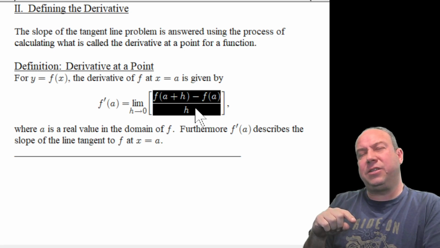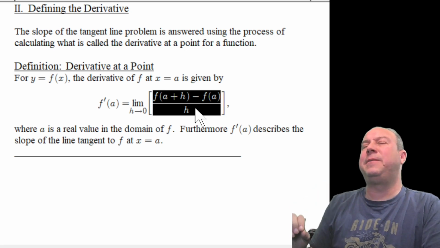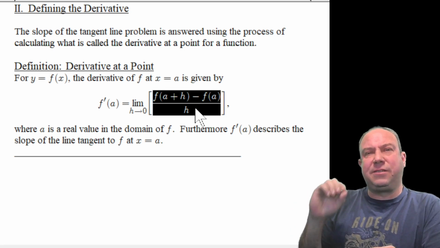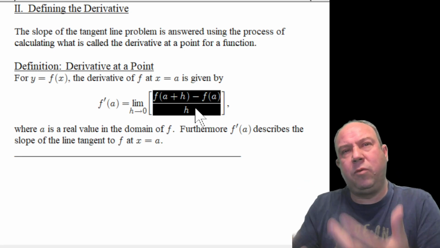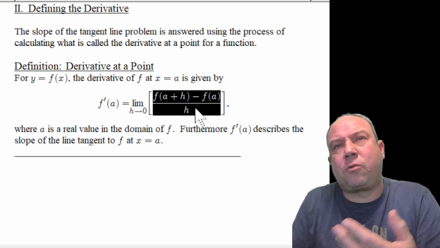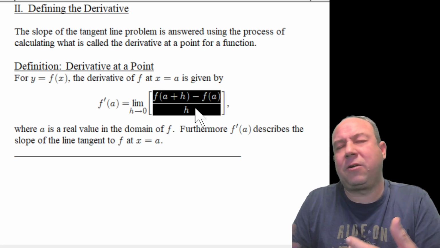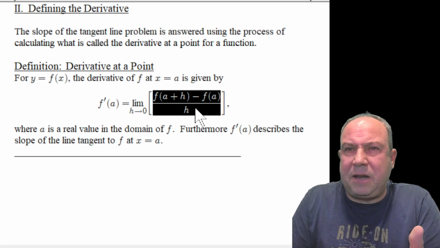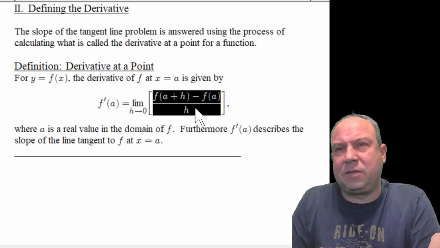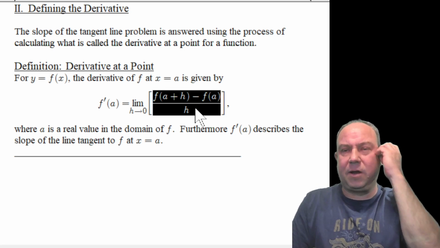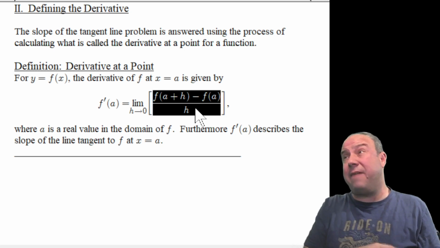When we look at the behavior of that, what we think of back in the slope of the tangent line problem as the slope of the secant line, it gives us the slope of the tangent line, or what we would call, in general, the derivative of f at x equal to a, at the coordinate a comma f at a.